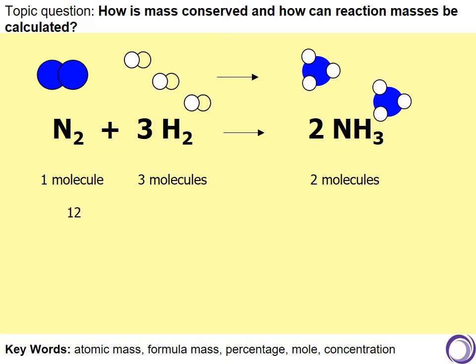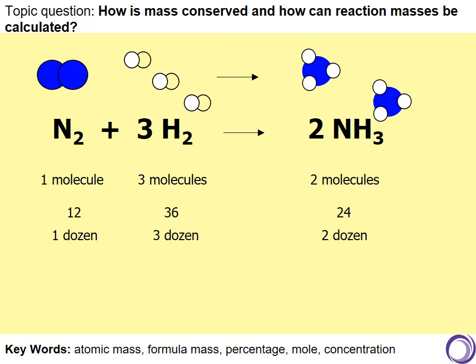So if I had 12 nitrogens, I would need 36 hydrogens and I would produce 24 ammonias. I can use different numbers, so I could put 1 dozen. It's still a 1 to 3 ratio, so I'd need 3 dozen hydrogens and I'd need 2 dozen ammonia.